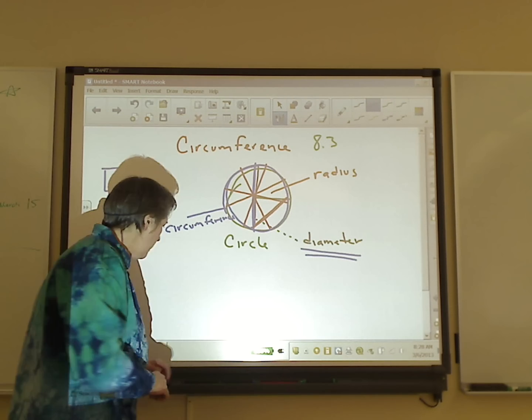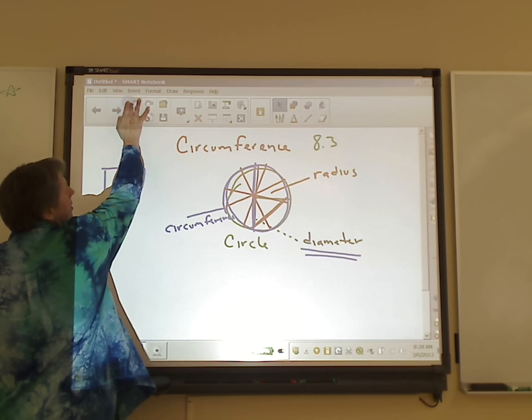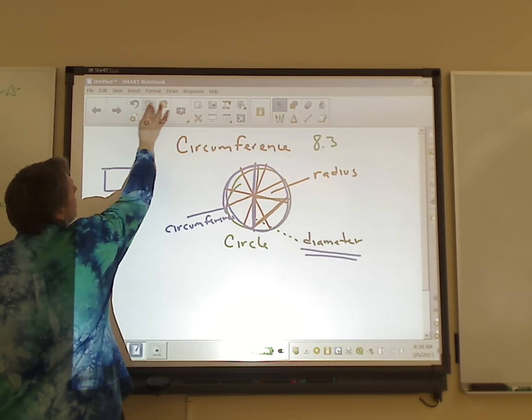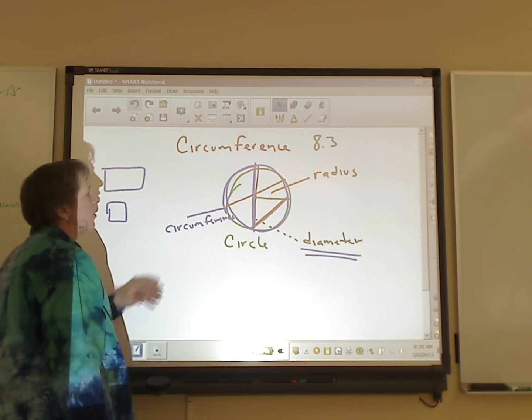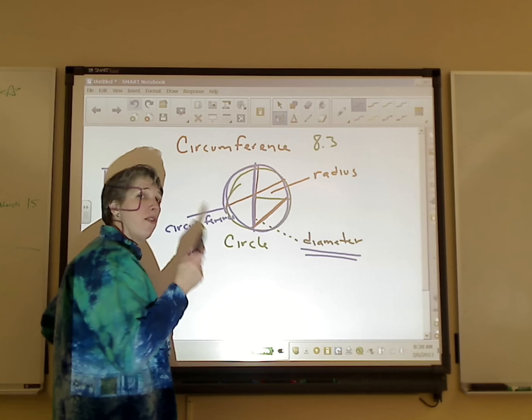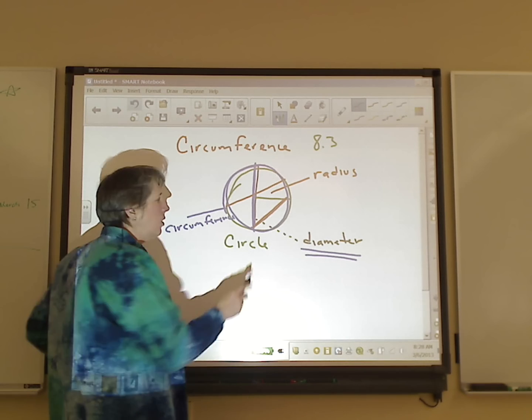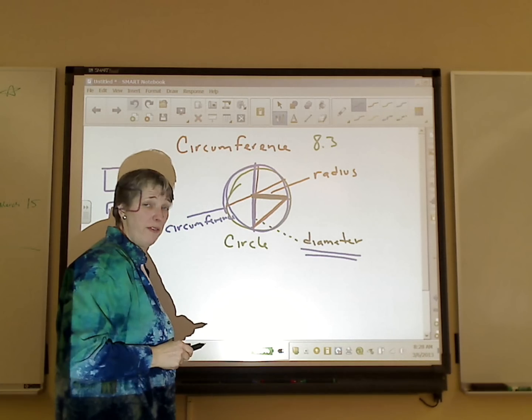Then you have the radius. The radius is the line that goes from the midpoint of the circle and out. It is only half the diameter.